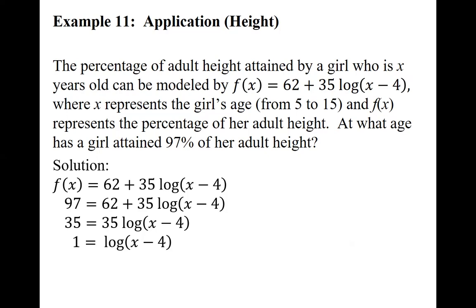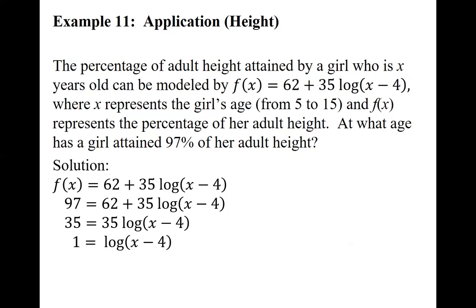Now to get the log by itself, well, we've done that. To get rid of the log, we need to raise it as a power of 10, because then the 10 to the and the log will cancel each other out. Or you can think of it as a logarithm is an exponent.